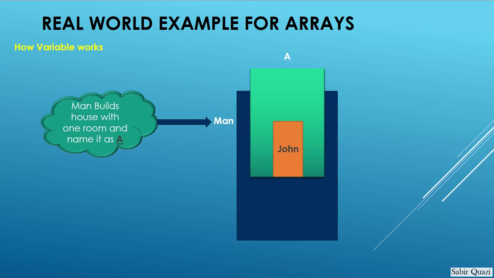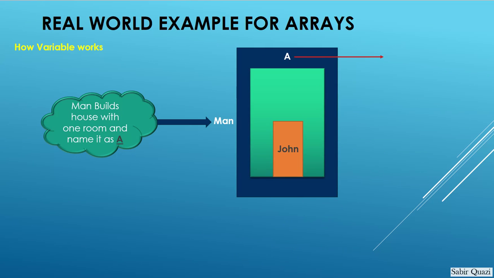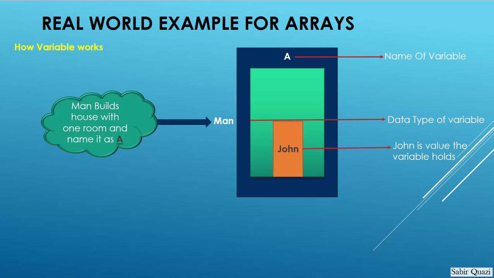Now similarly, like this A, we can call it the name of the variable. Man, we can relate it as the data type of the variable, and John is the value of the variable.